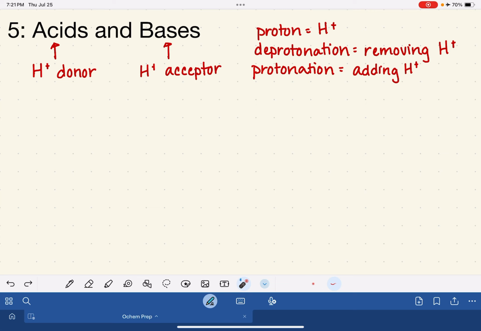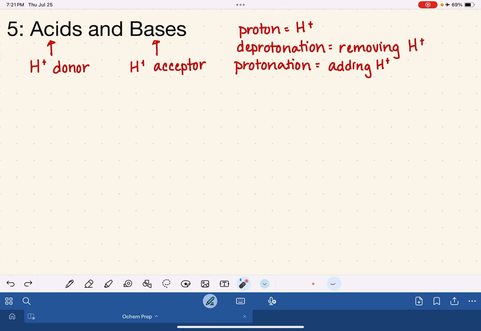Also, we have the term protonation, which is the process of adding an H+ ion or adding a proton. So we might say this base is being protonated, which means that it's having an H+ ion added to it. And again, I'm going to try to use these terms in this video to help you get comfortable with them.